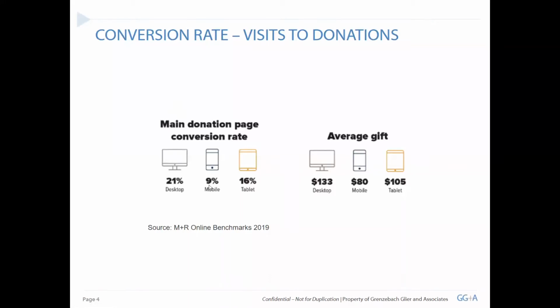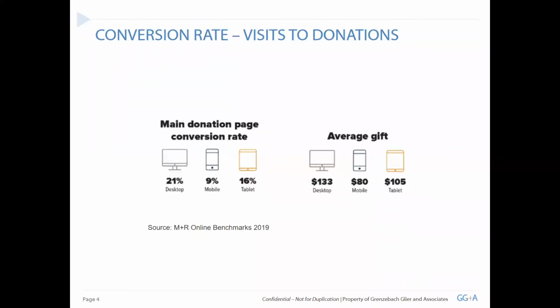And you can see here that the conversion rates for mobile and tablet devices are quite significantly lower, as indeed are the average gifts. So you must have your donation pages optimized for mobile. It's no longer a nice to have, it's a must have if you want to get the kind of conversion and thus the kind of response to your fundraising emails that you hope to get.